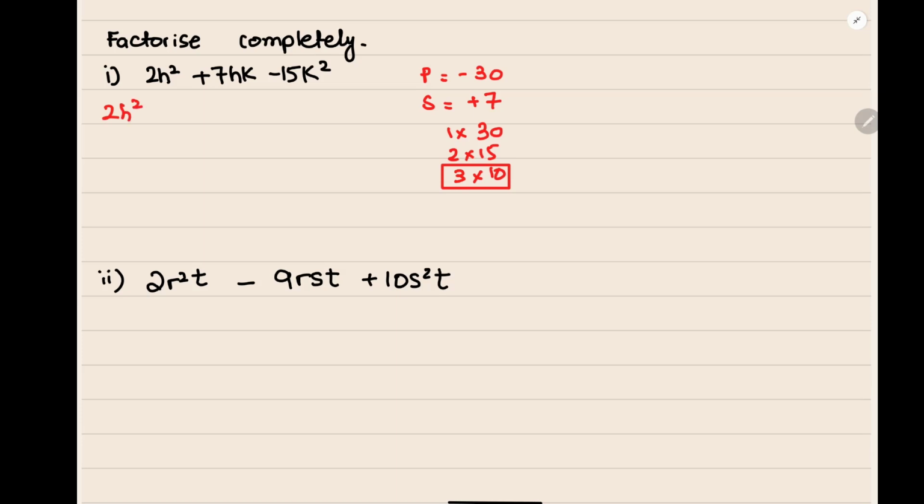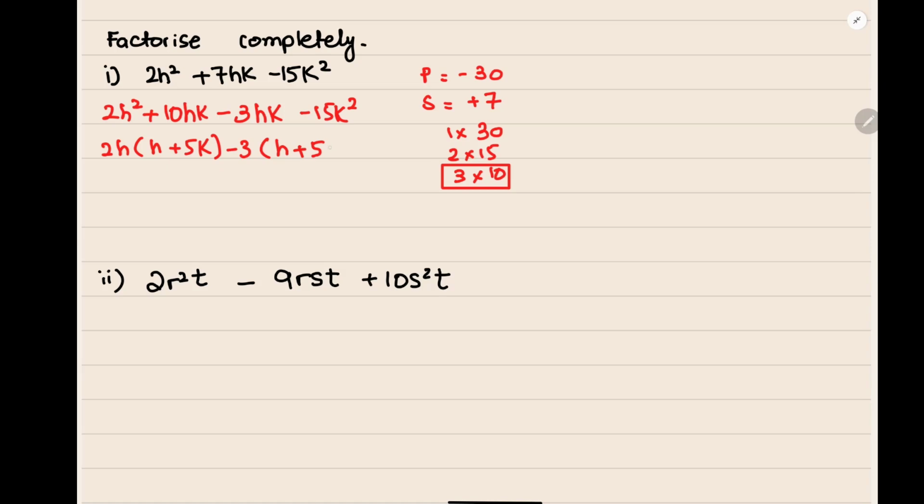So it should be 2h squared plus 10hk negative 3hk negative 15. Now I can take 2h common, so h plus 5k. Negative 3 common, so h plus 5k.